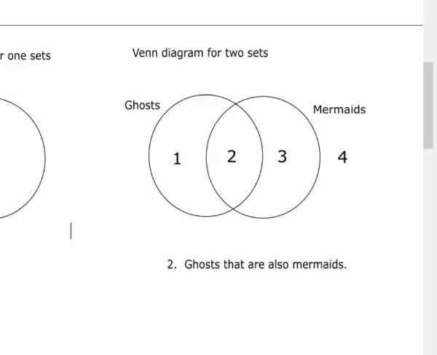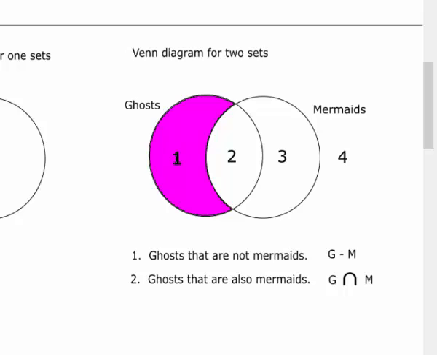So region 1 contains only the ghosts that are specifically not mermaids. That means it's the set you get if you take the set of all ghosts and remove any of them that are also mermaids. Does that sound familiar?